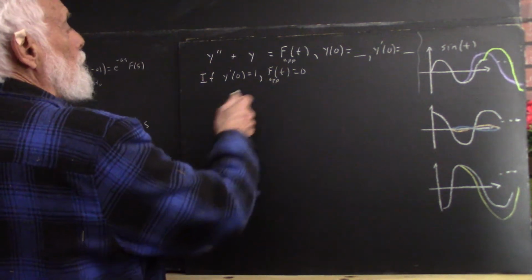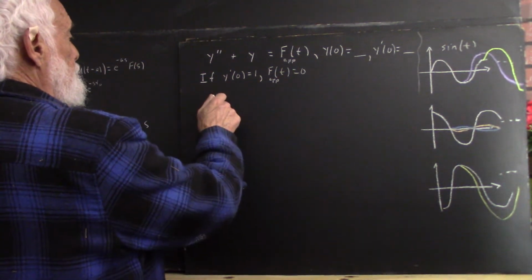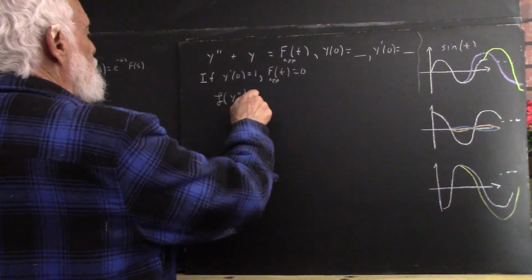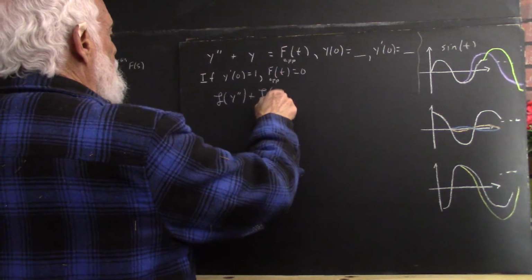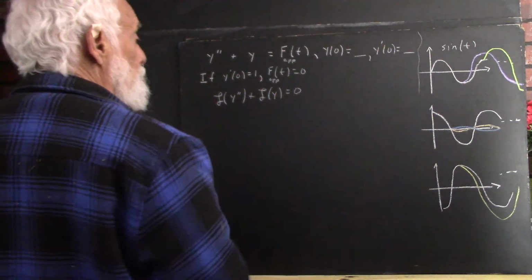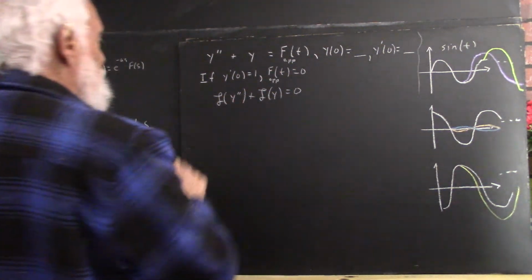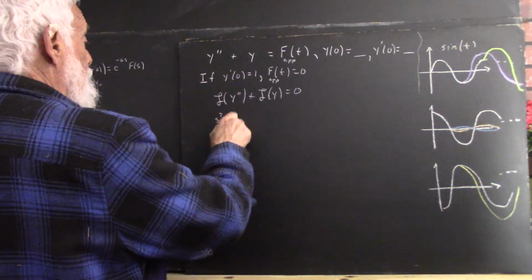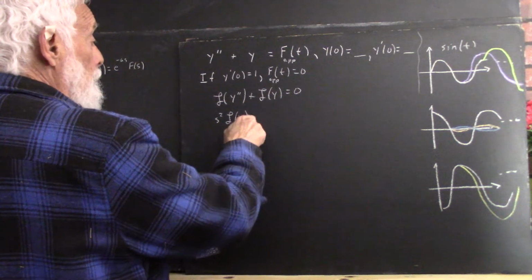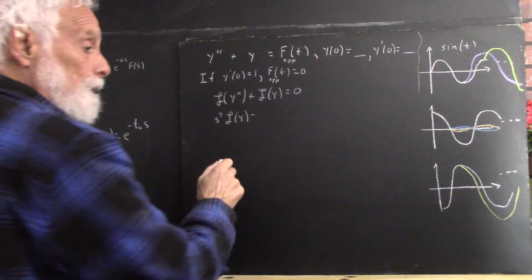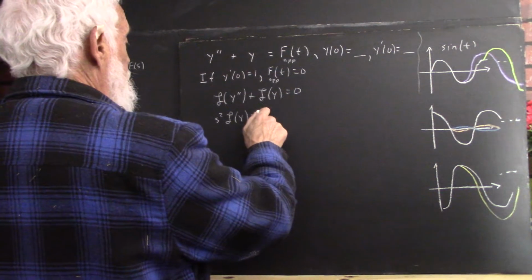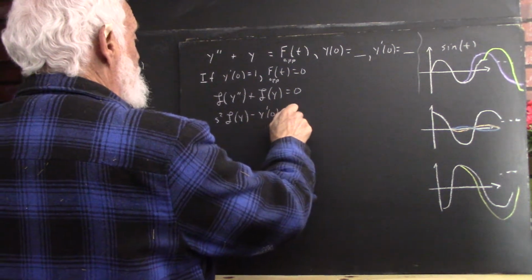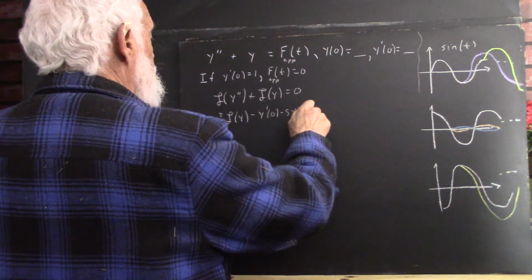Okay, so we're going to Laplace transform this. We're going to get the Laplace transform of y double prime plus the Laplace transform of y equals 0. Well, the Laplace transform of y double prime is s squared times the Laplace transform of y minus y prime of 0 minus s y of 0.